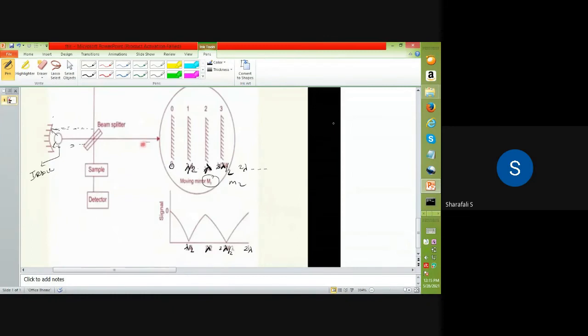The path difference should be 0, lambda, 2 lambda, 3 lambda, like that. So n lambda. Then only we will have constructive interference. If it is lambda by 2, n lambda by 2, then it is destructive interference. You can check that.